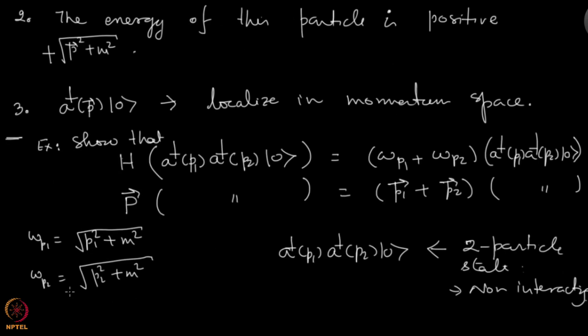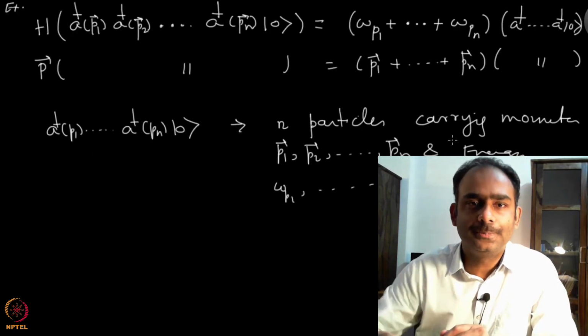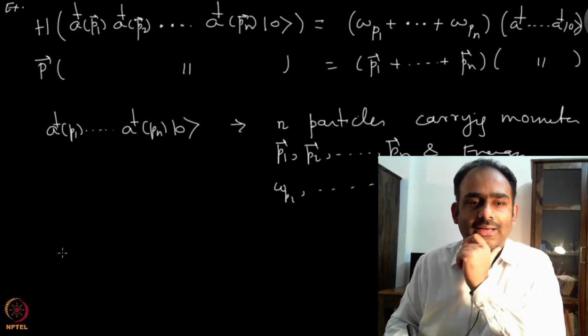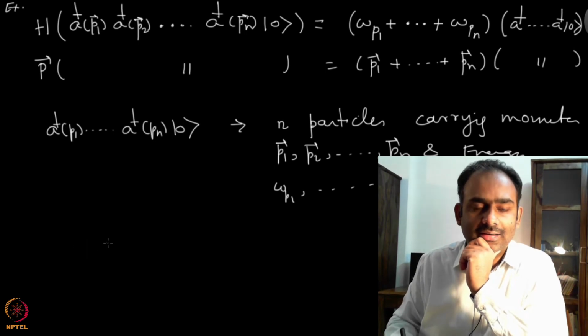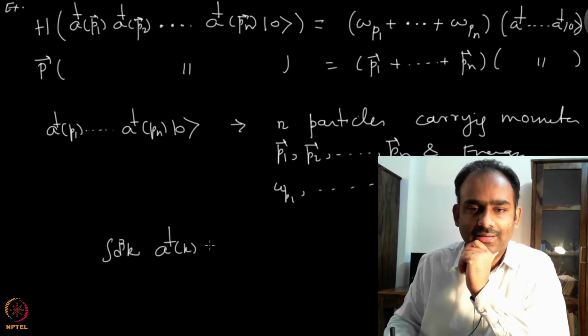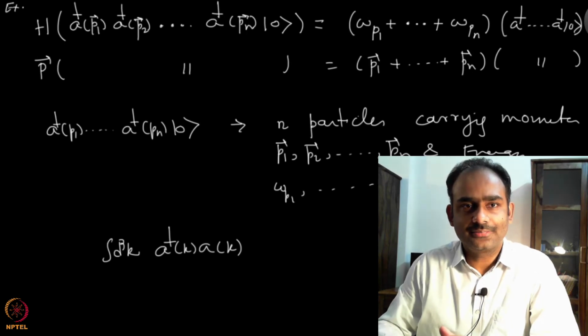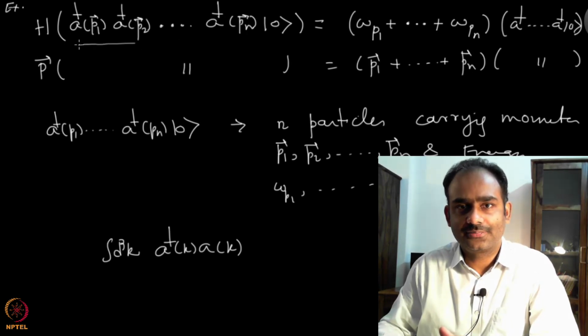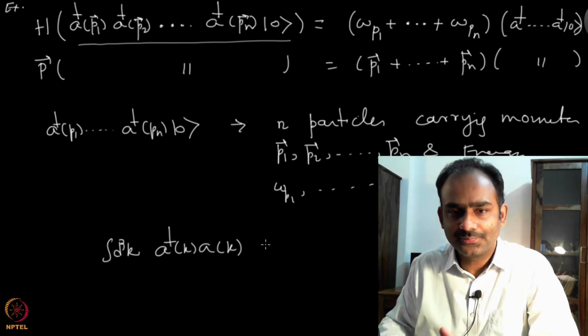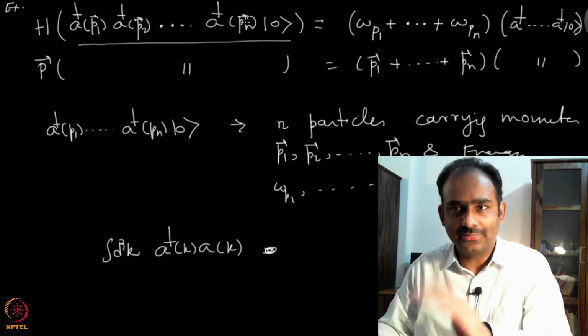Or when you operate it twice, you got omega p1, omega p2, and instead of this you would have got 1 plus 1, which means if you look at the operator integral d cube k, a dagger k, a k, okay, when this acts on this state here, which I have written here, okay, it will just give you n times the same state back, right.